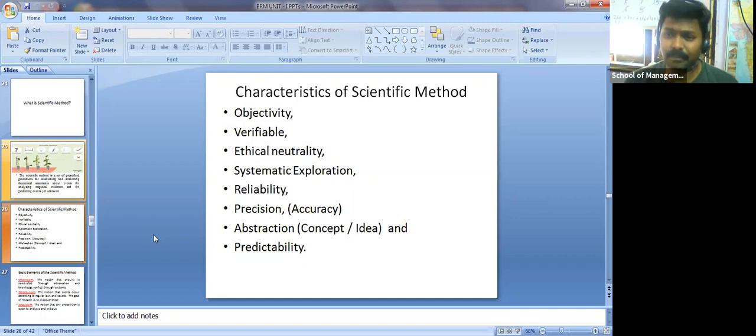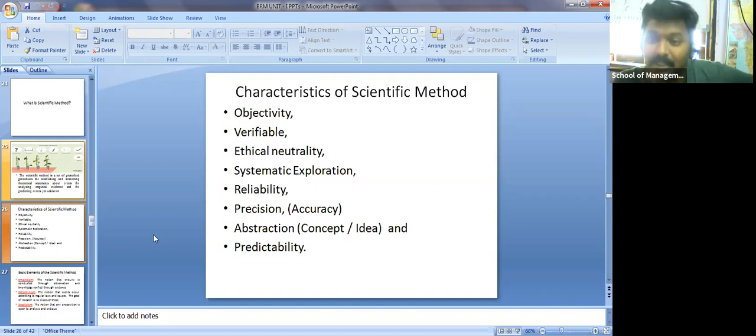We are getting something and we know very well, either positive or negative, yes or no, right? Let us take an example. If you pour water and provide sunlight and give something else, then definitely that plant has to grow. So we get to know that something is going to happen after 2 days or 3 days. So certain objectivity is there. So the first important characteristic of the scientific method is objectivity.